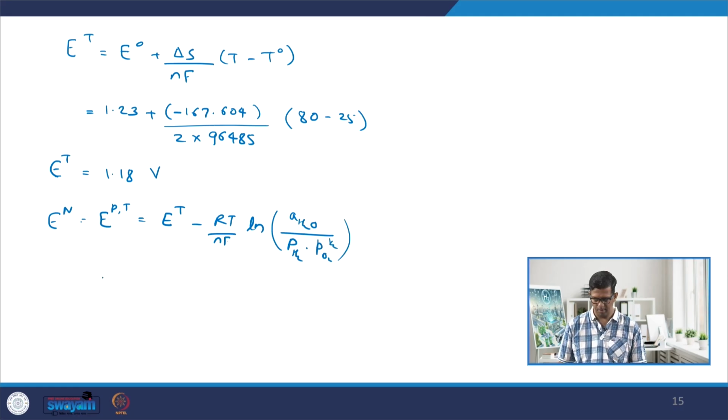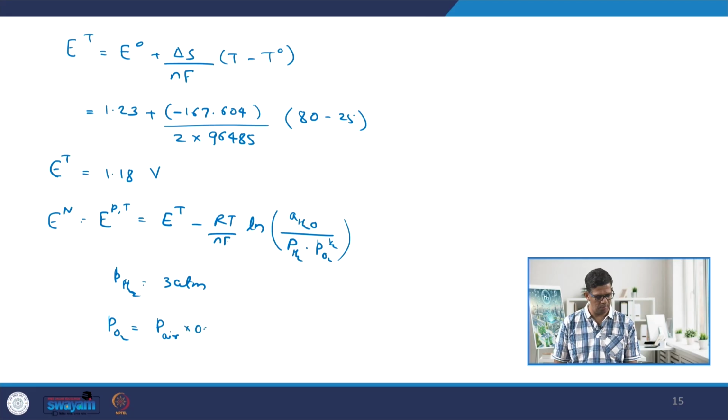Partial pressure of pure hydrogen is that we have supplied at 3 atmospheres. So that becomes the partial pressure, that is the complete activity of the hydrogen, whereas we have supplied air at 5 atmospheres, right. So the partial pressure of oxygen is the pressure of air times 0.21, as 21% oxygen is there in air.